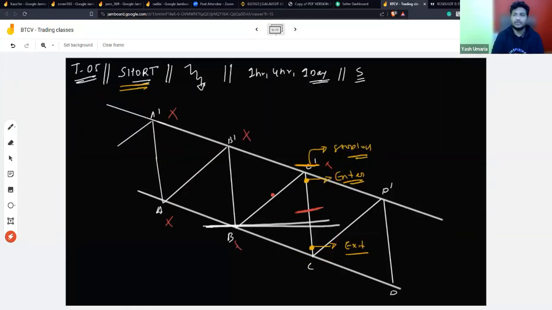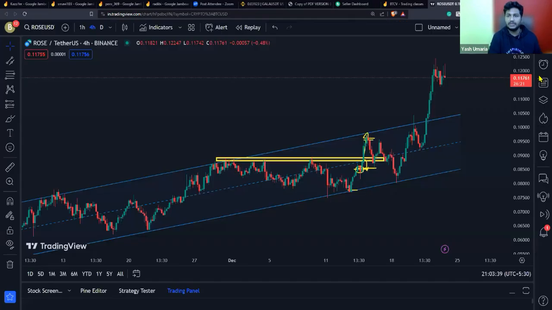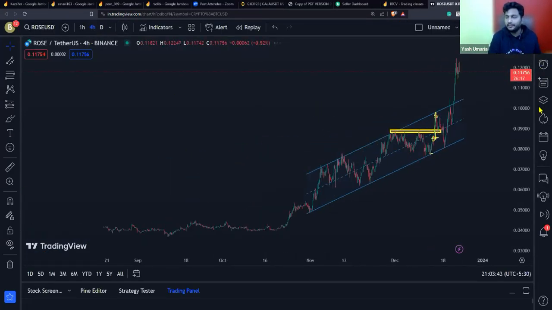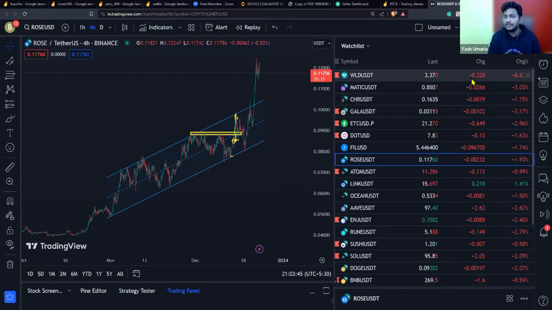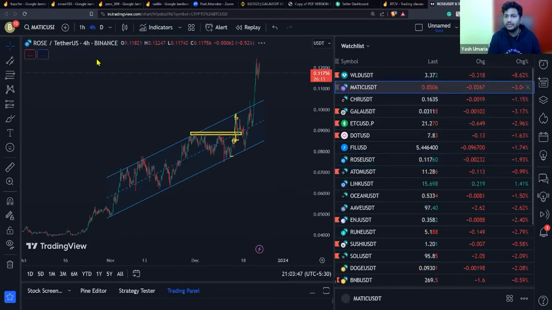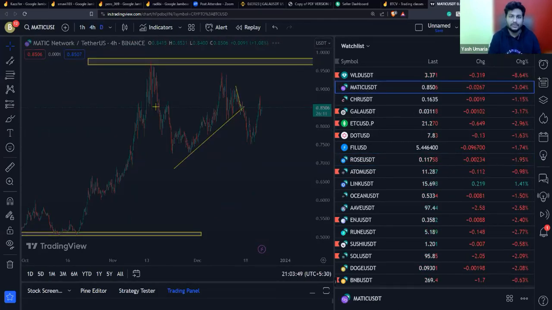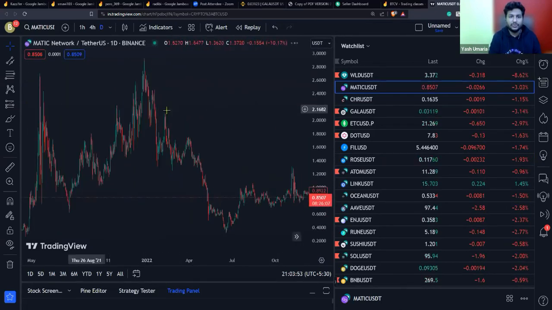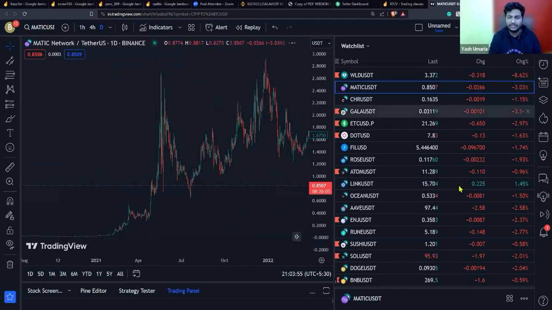Now let's go through the example. It's a very simple example, but let's see. As I said, you might not use this trading strategy right now, but it is very useful when the market is moving in the downward direction.